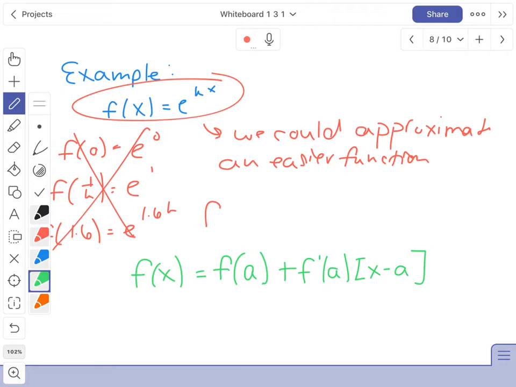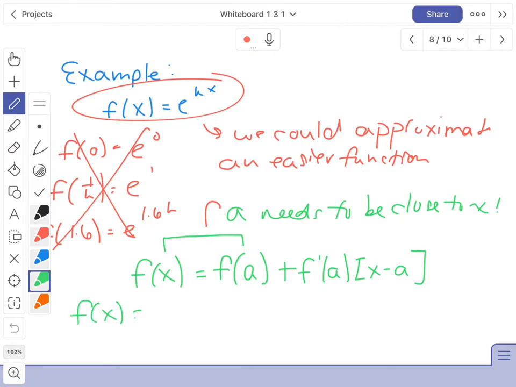Now here, since we don't know what k is going to be, we're not quite sure what a is. Now just remember that a needs to be close to x.